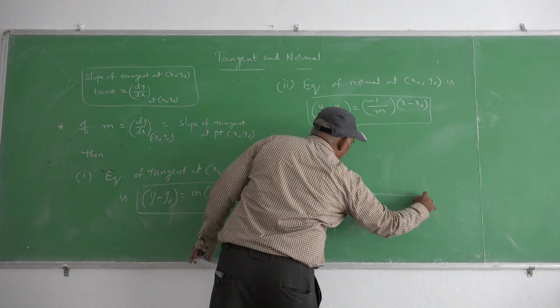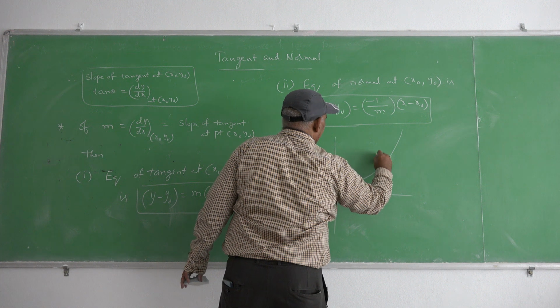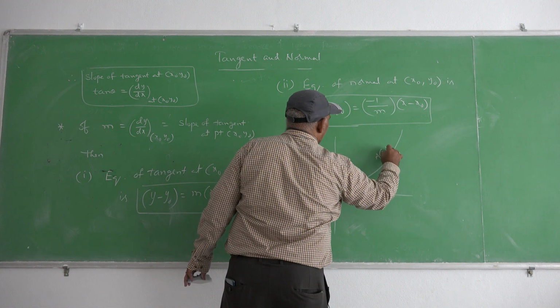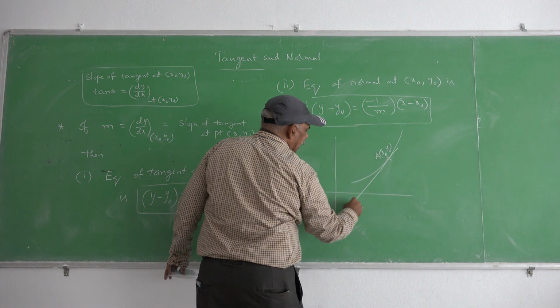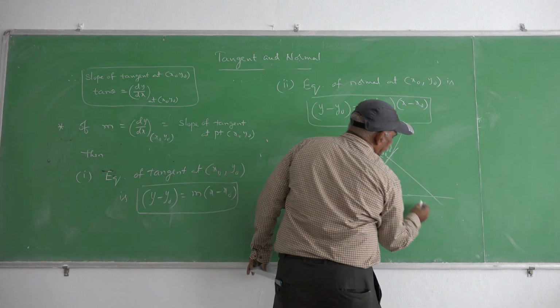Suppose this is our curve and a point is considered as x naught y naught. This is our tangent and this is our normal.